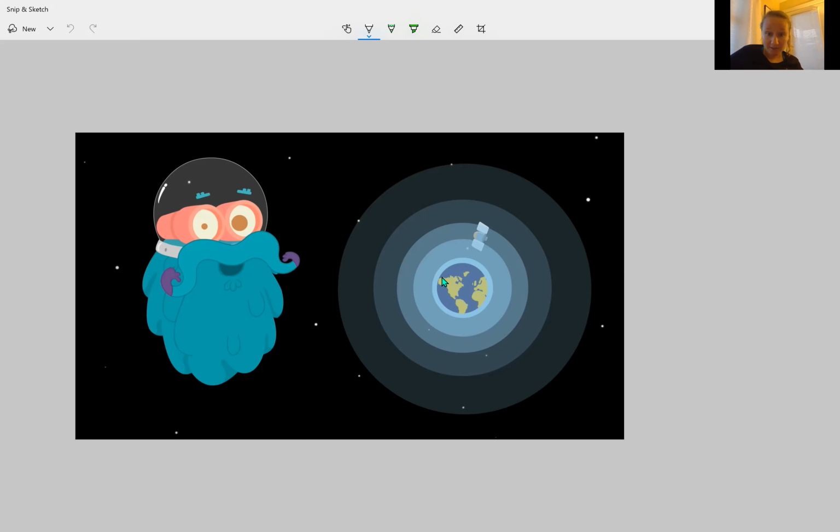And then this first tiny ring is the troposphere. That's the one I talk about the most. That is the troposphere, where weather occurs. If we stood outside and it was raining, we would get rained on because we are in the troposphere where weather occurs, where it's windy, we feel the wind.